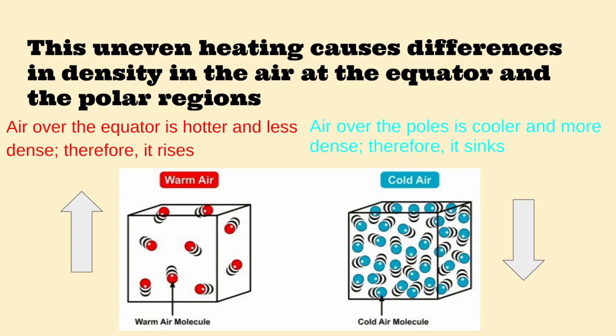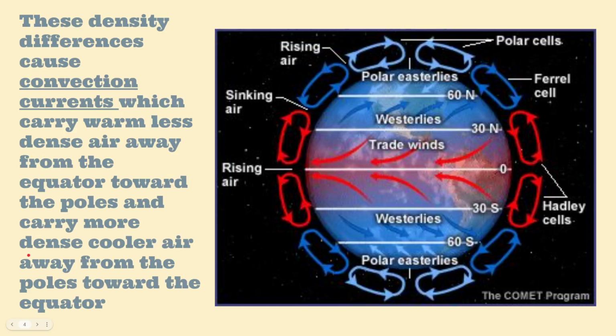So air over the equator, because it's being heated more, is hotter and less dense, therefore it's going to rise. Air over the poles is cooler because it's receiving less direct sunlight and therefore is more dense and it's going to sink.